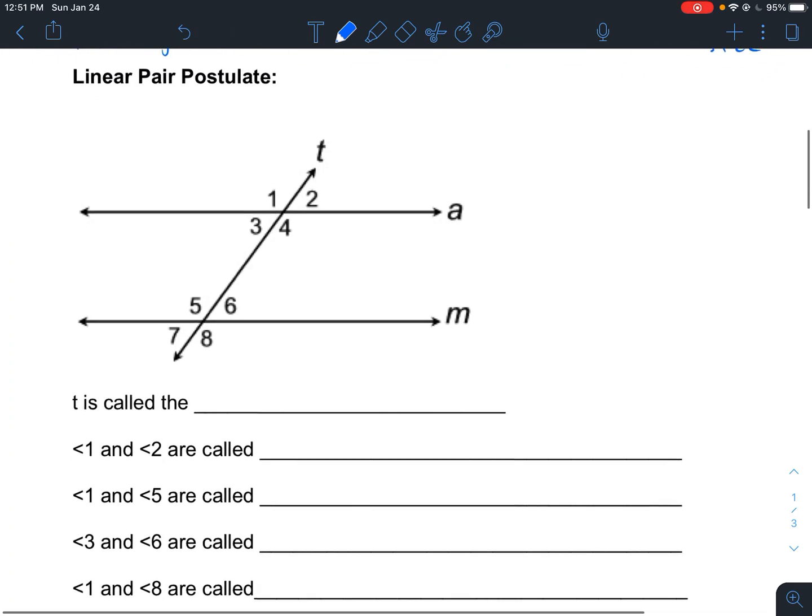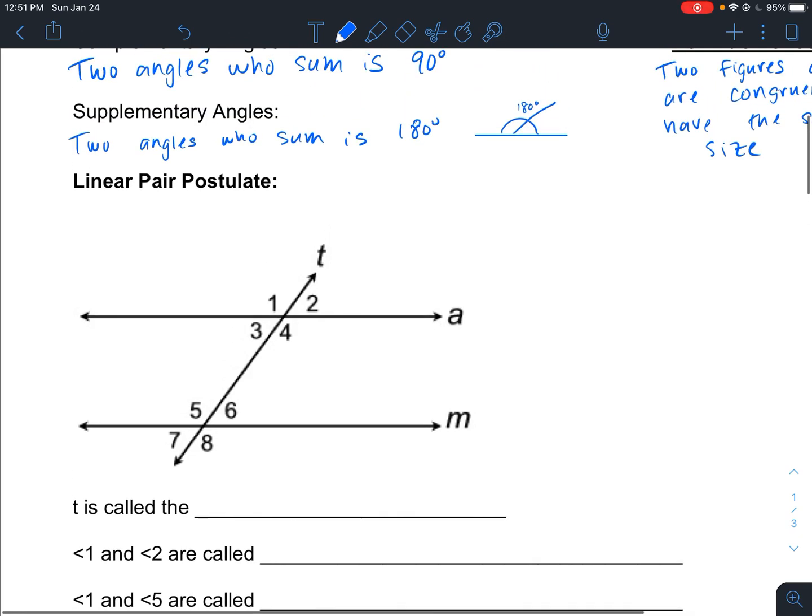Now let's talk about the linear pair postulate. First of all, a linear pair is when you have two angles with one line, pretty much, like this right here, this angle 1 and this angle 2.